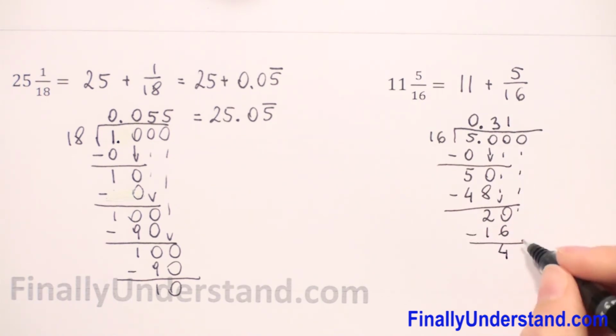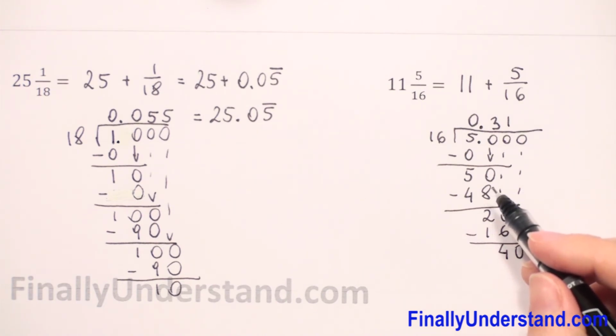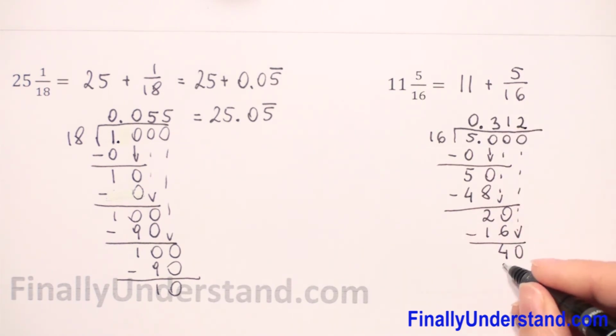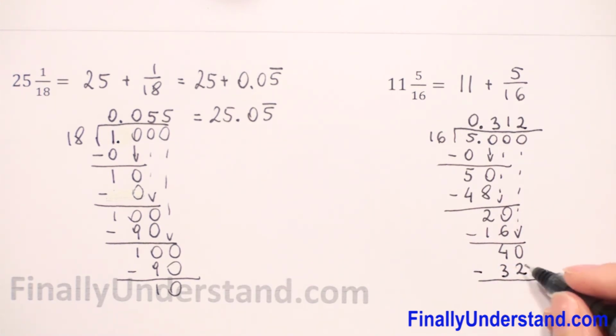We take down the next 0. So it will be 40 divided by 16 is 2. 2 times 16 is 32. Subtraction again. So it will be 40 minus 32 is 8.